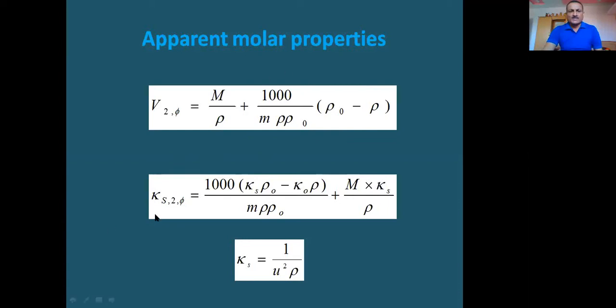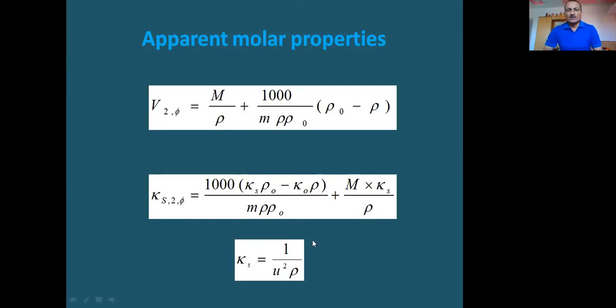Likewise, the apparent molar isentropic compressibility can be calculated. So Ks2 phi, the apparent molar isentropic compressibility, equals 1000 (Ks rho 0 minus K0 rho) divided by m rho 0, plus M into Ks divided by rho.